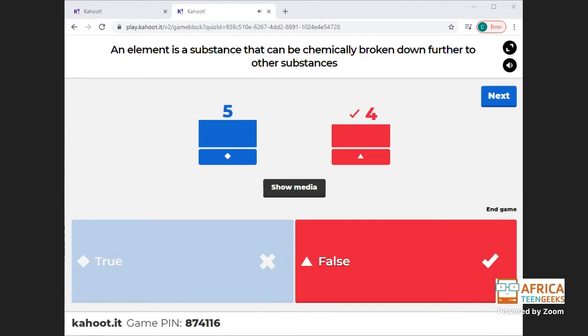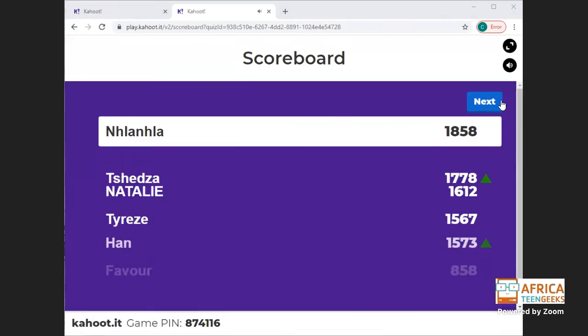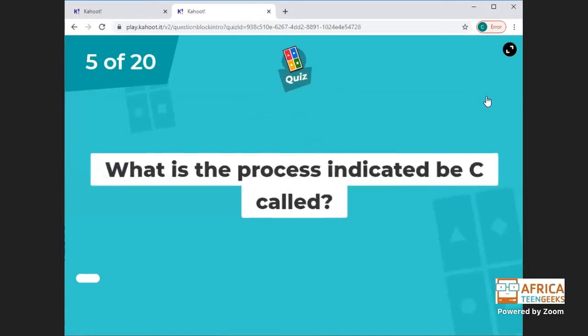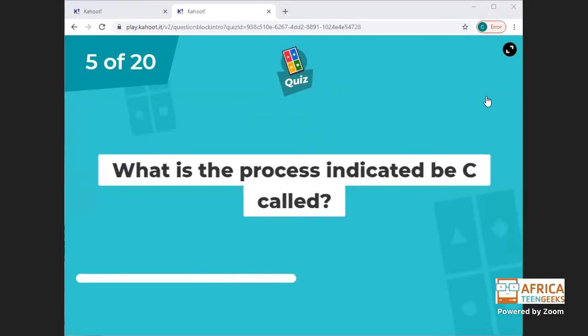An element is a substance that cannot be chemically broken down further into other substances. All right, so look at the wording. It cannot. Don't be confused. Read your questions carefully. Okay, so Nhlanhla is still topping us. Okay, guys, I'm going to respond to everyone in the group chat.